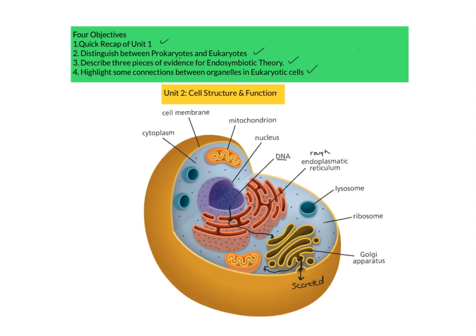Let's say it was a protein needed in the mitochondria or elsewhere in the cell, it'll be sent there to perform its function. So that's the basic flow of information from the DNA in the nucleus through the rough ER to the Golgi to be secreted or used elsewhere in the cell.